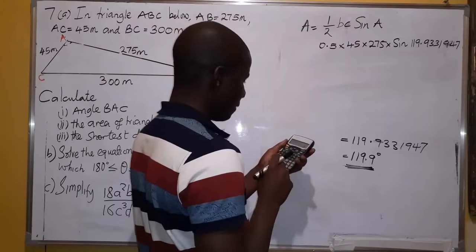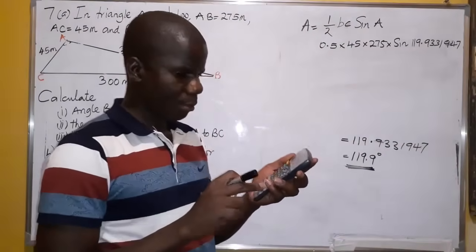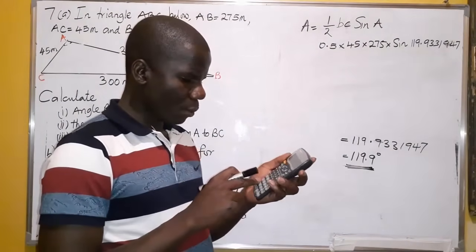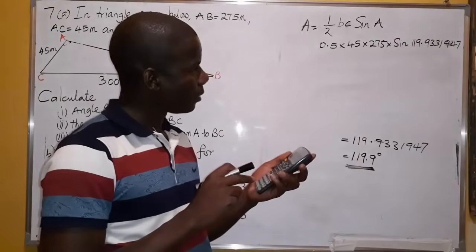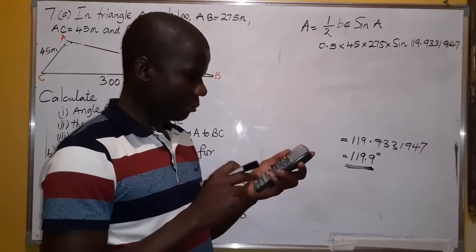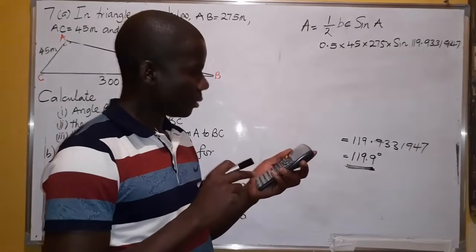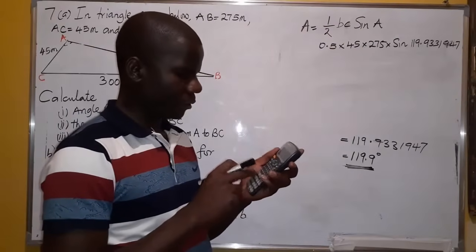45 multiplied by 275 multiplied by sine 119.9331947, then halved.